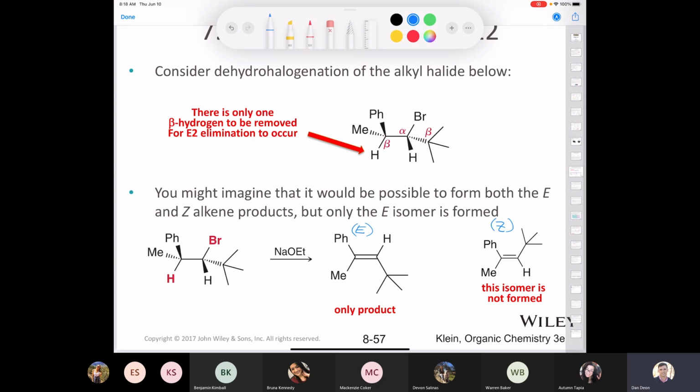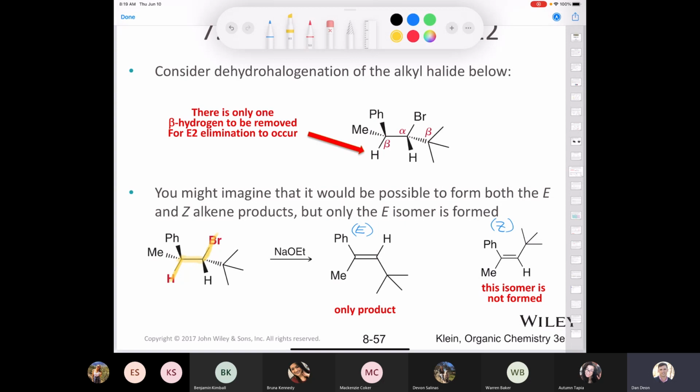I'm going to tell you the quick answer right away, just in case you're ahead of me, if you took the time to read the book before coming to class. But the bottom line is this. In order for the elimination to occur, the bromine and the hydrogen that are going to be abstracted, so your leaving group and your proton that you're going to remove, they have to be all in the same plane.